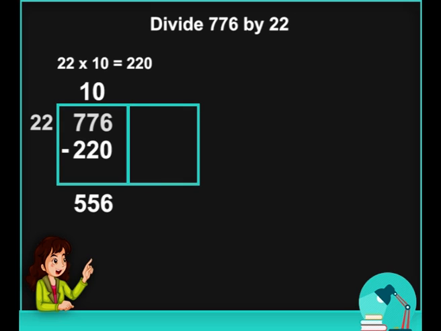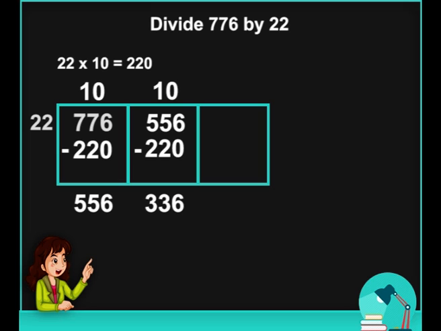Add an additional box towards the right of the original box and write 556 in the next box as dividend. Let's take 10 again. 10 multiplied by 22 gives 220. Put 10 at the top and 220 below 556. 556 minus 220 gives 336.